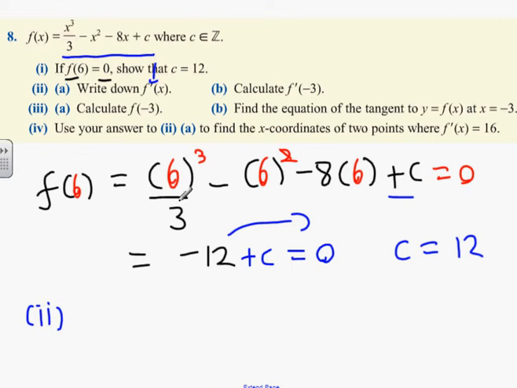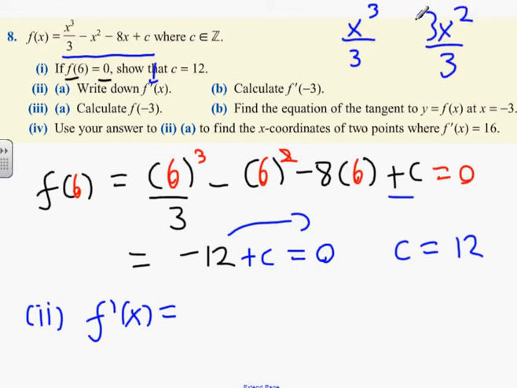So how do you differentiate x cubed over 3? Can you tell me? Ignore the 3 at the start, just ignore it. And then just differentiate the top. Yeah. 3x squared over 3, anybody? x squared, okay? Differentiate minus x squared.